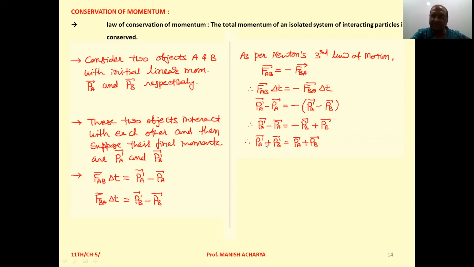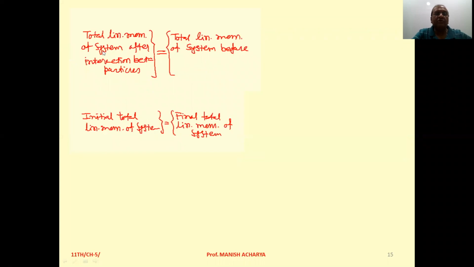Means after interaction, as I told you. So total initial linear momentum of the system and total final linear momentum of the system both become equal here. So we can write total linear momentum of the system after interaction between the particles is equal to total linear momentum of the system before interaction between particles.